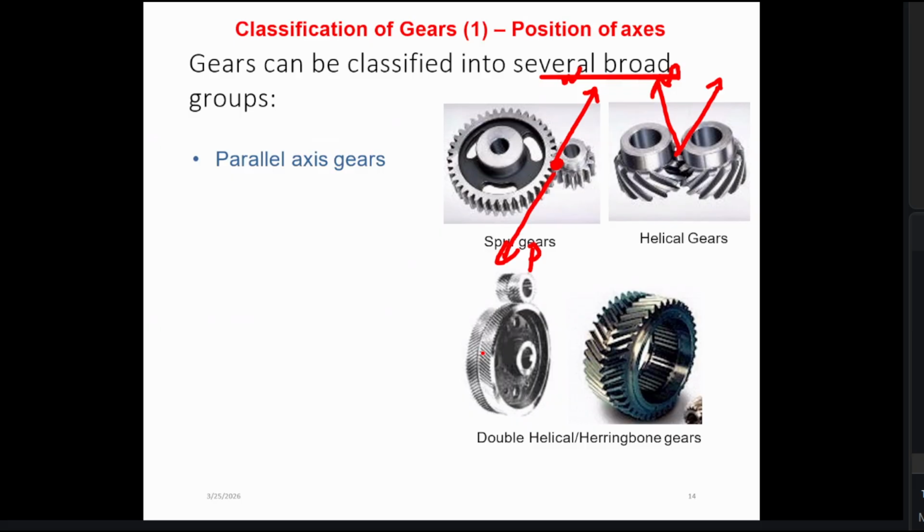And to avoid backlash and to handle the axial loads, we have double helical wheels, right? So here you can see two gears are there, which are concentric, attached together to handle the axial loads, right? Making an axial load on one side cancel the other, right?